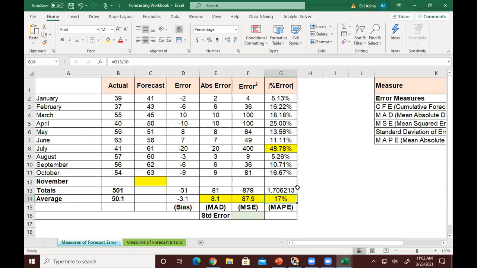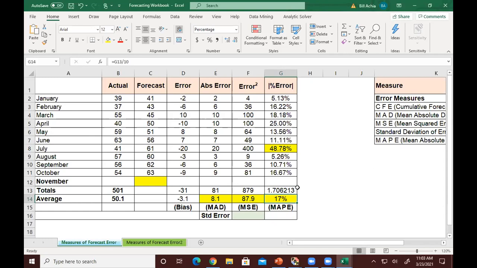So from a business perspective, you'll have to go through the process of asking yourself, how can we have a better forecast? Should we use a different forecasting method? And what forecasting method should we use to make this better than what we have here?